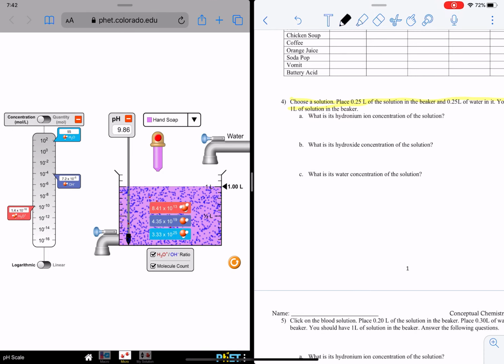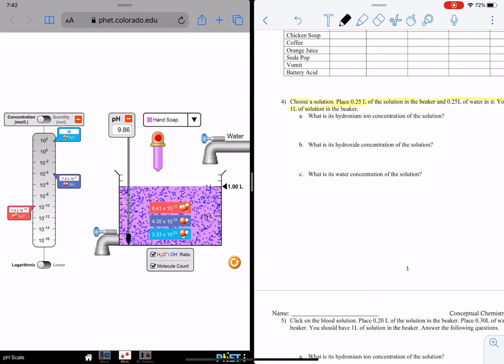Hydronium is H3O. It's a very strong acid because it has one more hydrogen than a water molecule does. For concentration, that's going to be the number we see in red in the middle of the beaker.